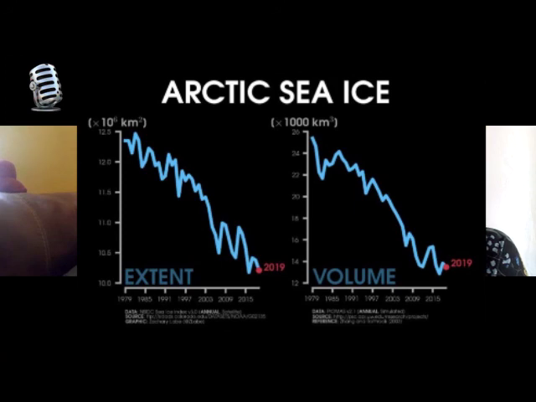That's 26 minus 14, that's 8 over 26, like a 35% reduction. Is the volume like the thickness? Yes. So not only is it shrinking in size, it's also getting thinner and thinner.